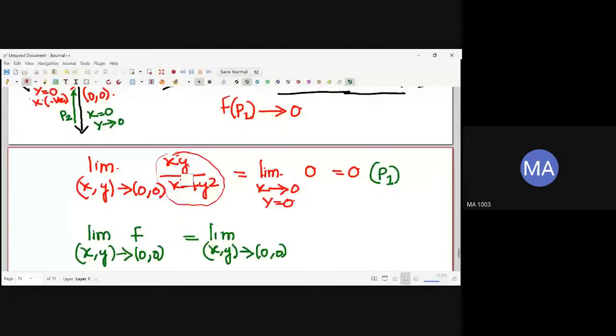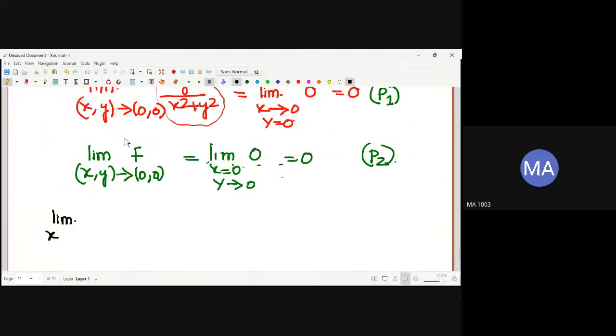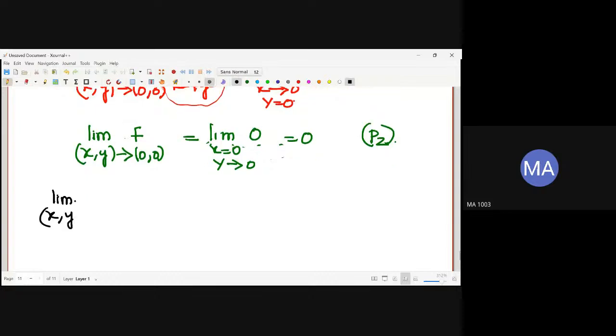So next, let's consider this path, y equal to x. You are coming to the point 0 comma 0 using this line y equal to x. Let's say this is path 3. So the limit as x comma y tends to 0 comma 0 of f of x, y.